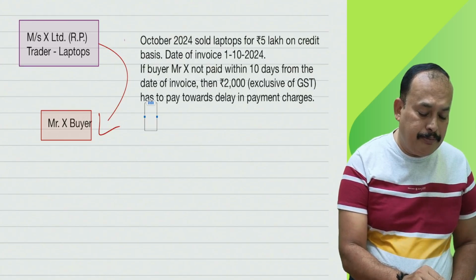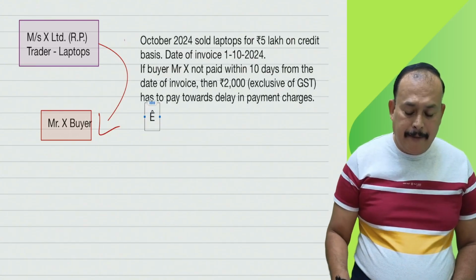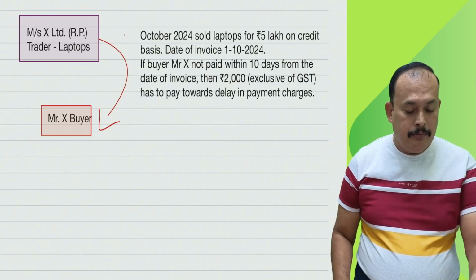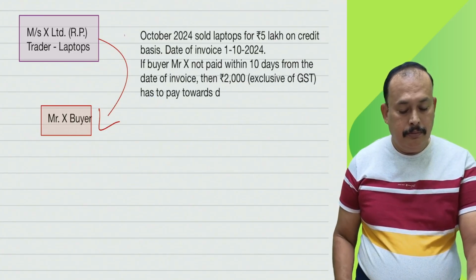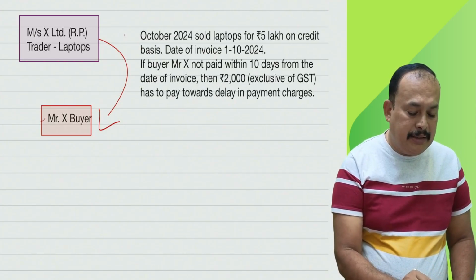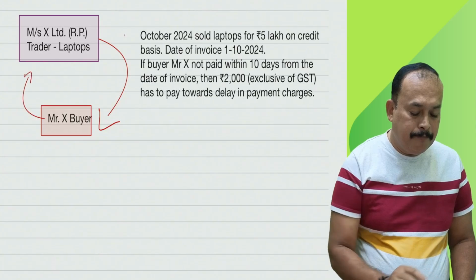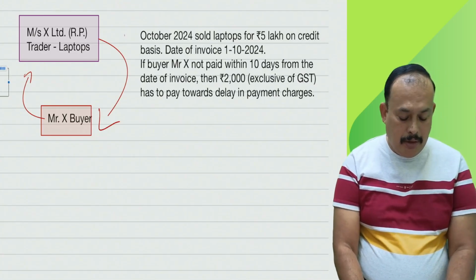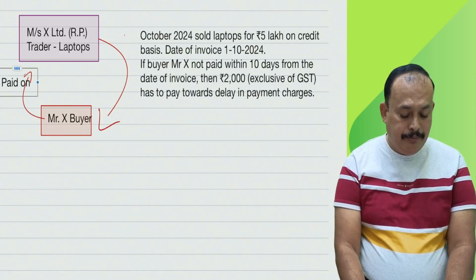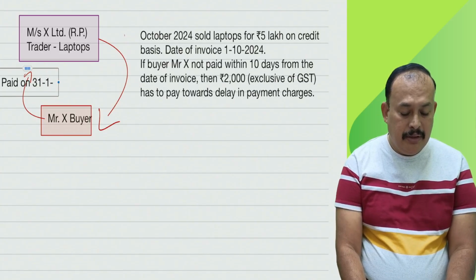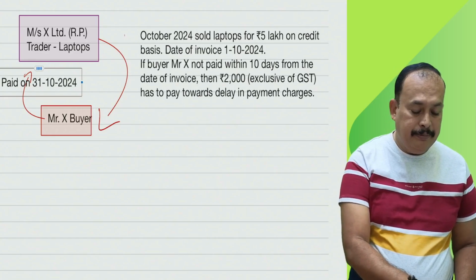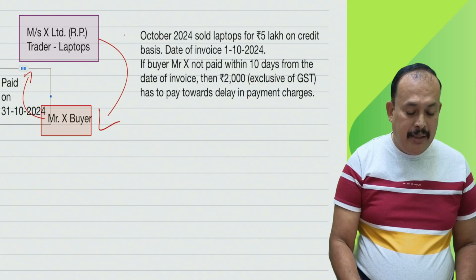When they paid, let us say, my dear sir, here the buyer paid on 31st October. Paid on 31st October.